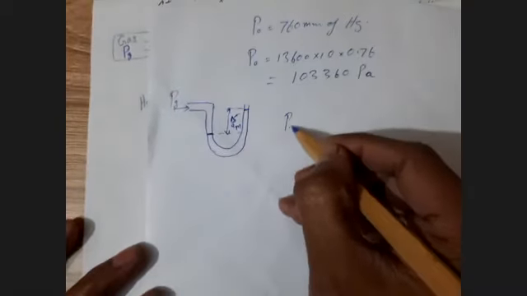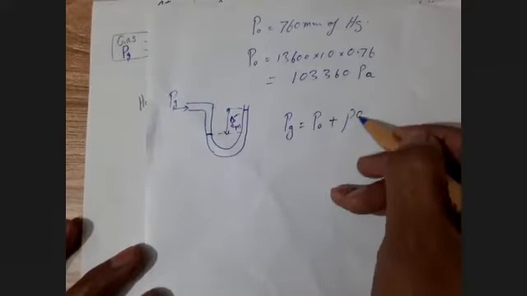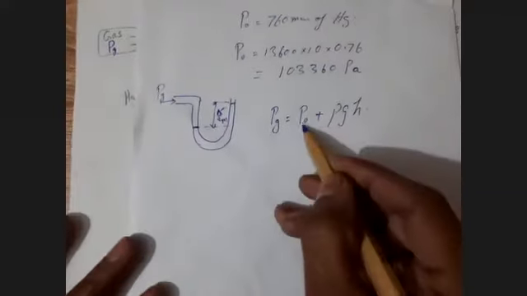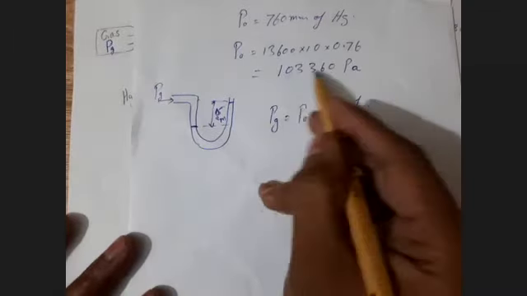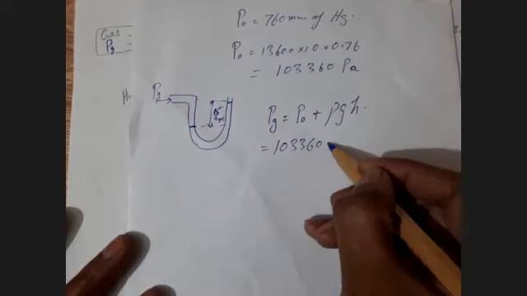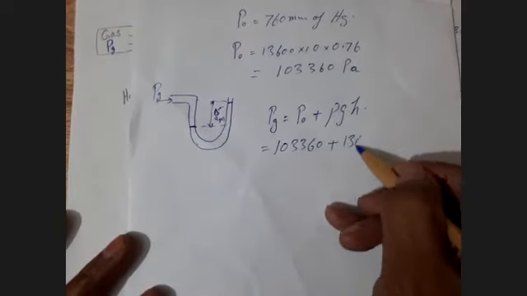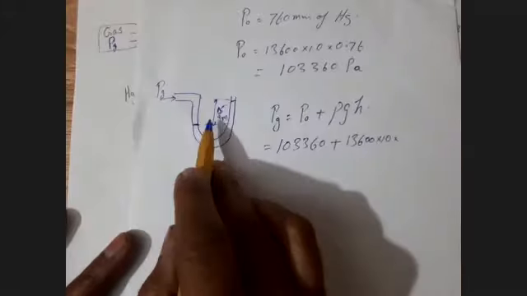Now the pressure of the gas is equal to P naught plus rho gh. What is P naught here? Here P naught is 103360, plus rho 13600, the value of g 10, and the height. Now what height are you going to use?